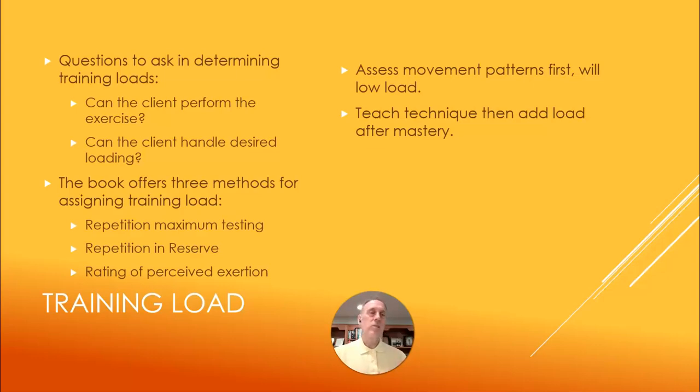It could be Kaizen, it could be Six Sigma Black Belt, whatever refinement mindset you want to use. But the goal is to continually refine the movement pattern to make them more efficient, and then add load after they've had increased mastery.